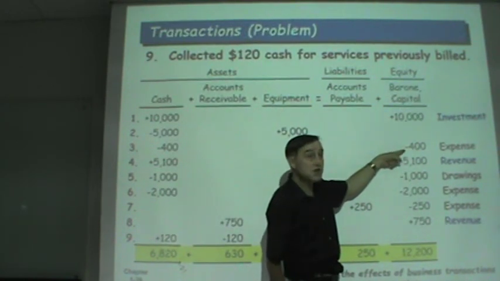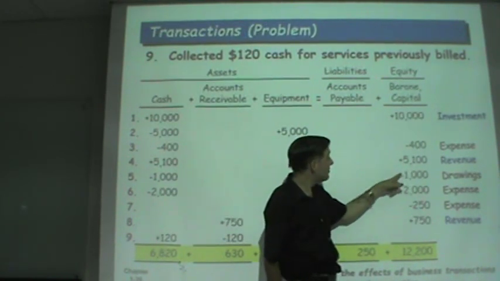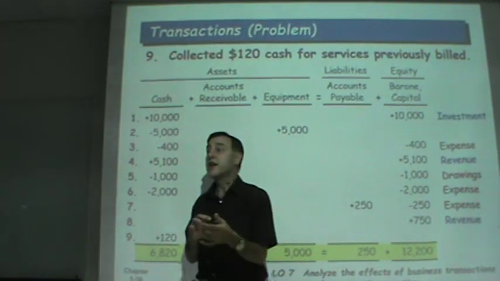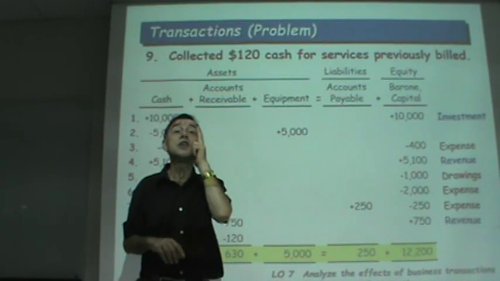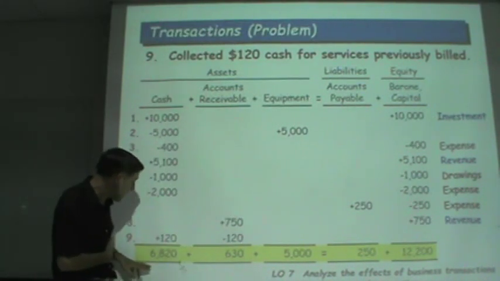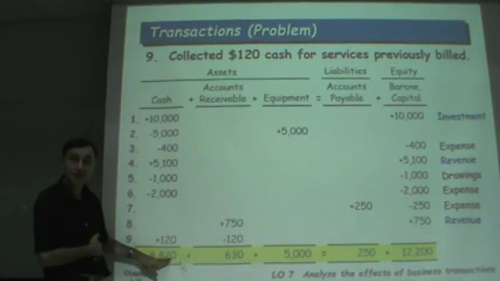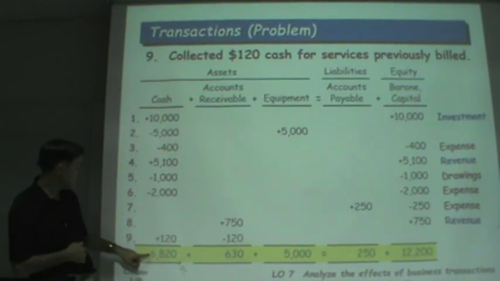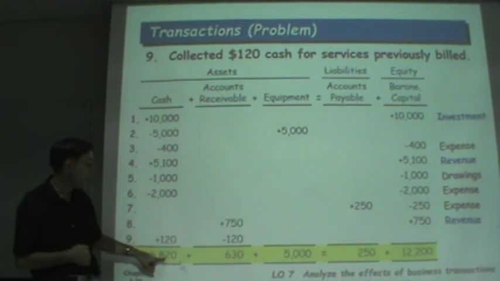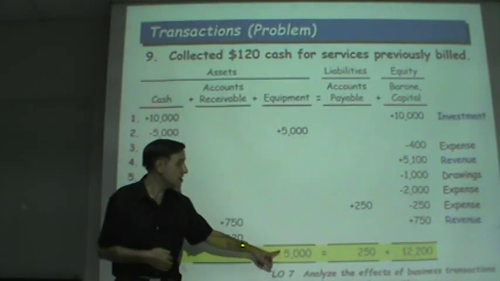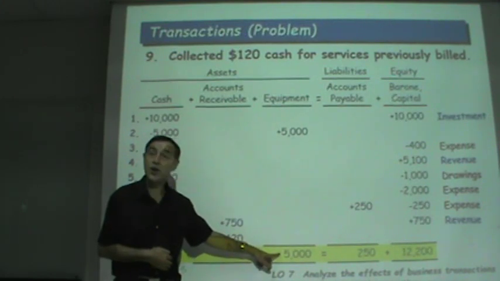10,000 minus 4 plus 5,1 minus 1 minus 2 minus this plus this. Okay? You can actually check. Now, you can also double check by adding this number, 6,820 plus 630 makes 7,450. 7 and 5 is 12,450.